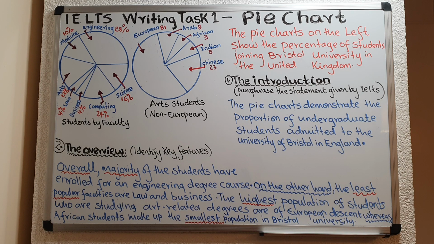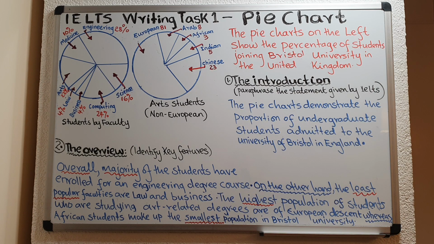We have two of them. We have law with 4% and we have business with 4%. So in other words, when it comes to the overview, always discuss the highest and the lowest percentage, okay?